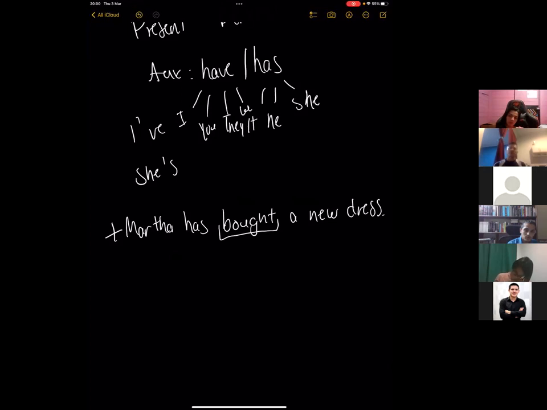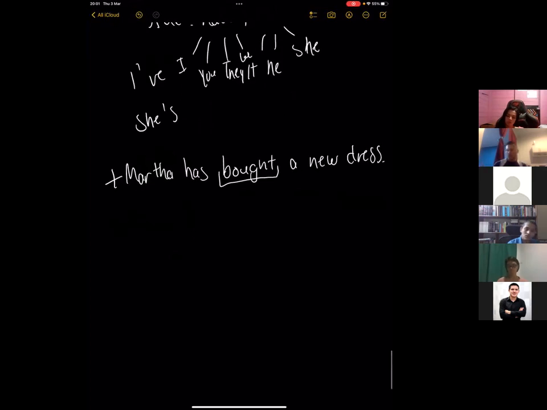There are some verbs where the simple past and the past participle are the same, but there are other verbs where it changes. And for that reason, you need to make sure that you know the correct structure, okay?